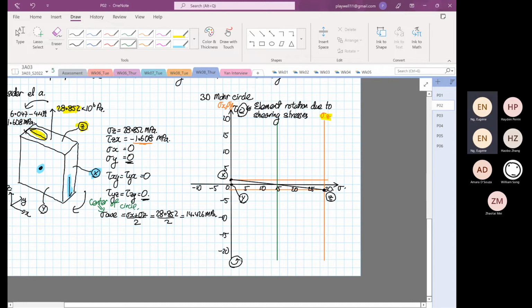Okay, then we're going to find the radius of the circle, which is equal to your maximum shear. Okay, so maximum shear is equal to, so we know the distance from here to here.